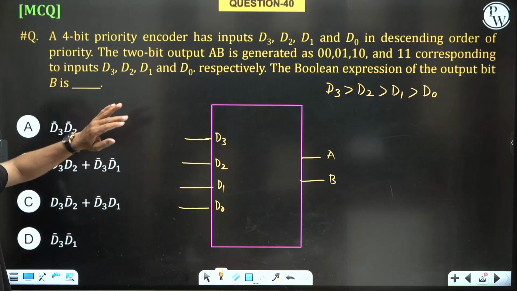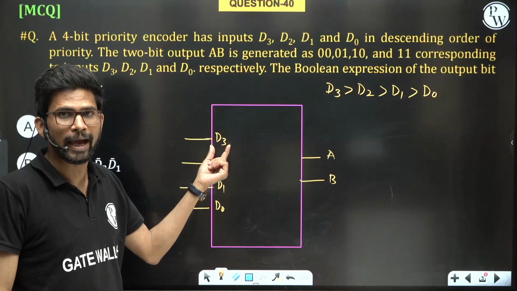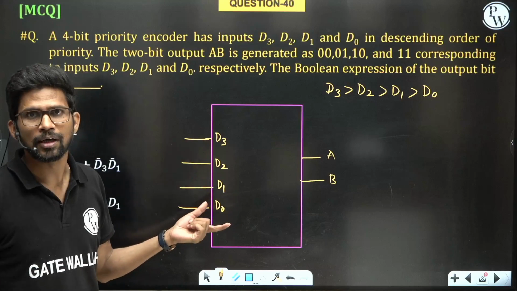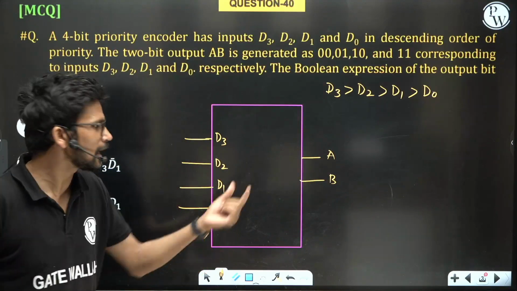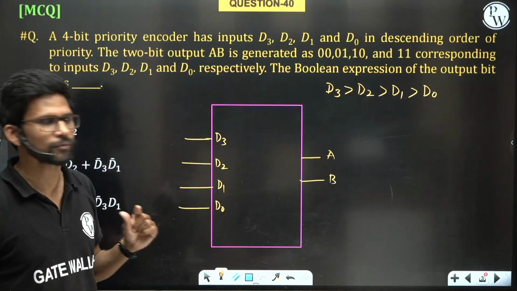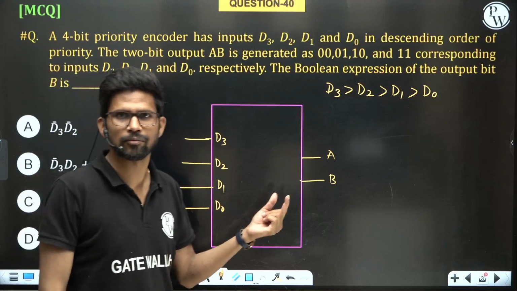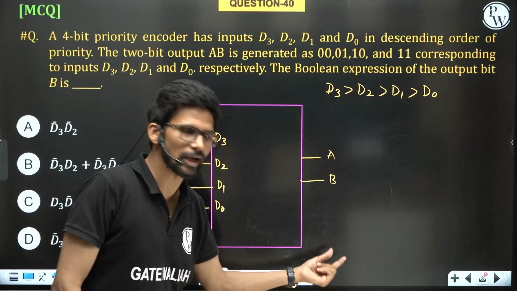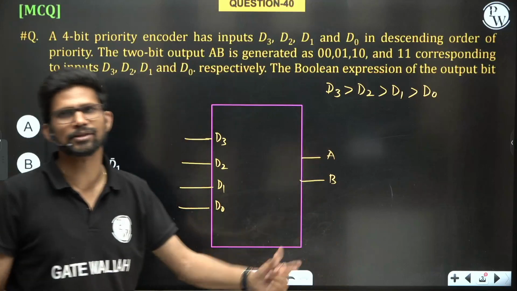Why? Because they have changed the order. Normally when the input line at D3 is 1, the output is 11. In case of a normal encoder, if only D2 is at logic 1, we take 10. If only D1 is 1, then we take 01. And if only D0 is 1, then we take 00.